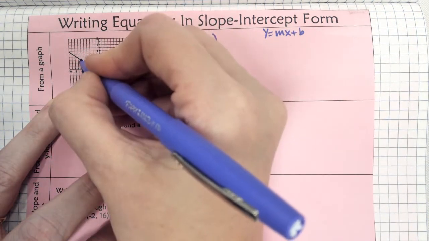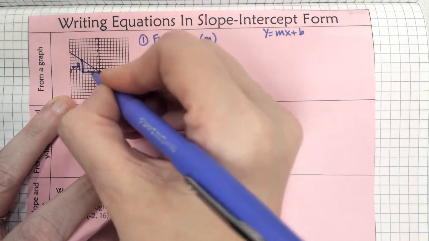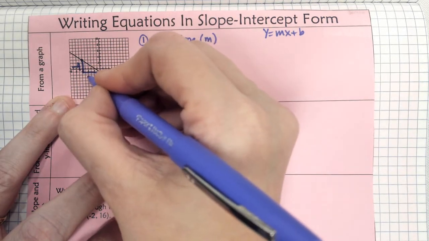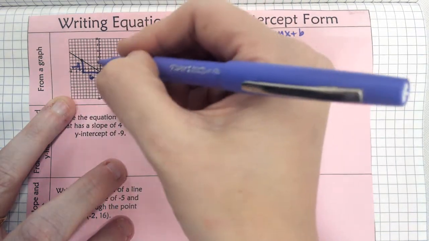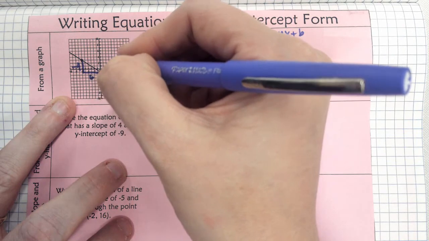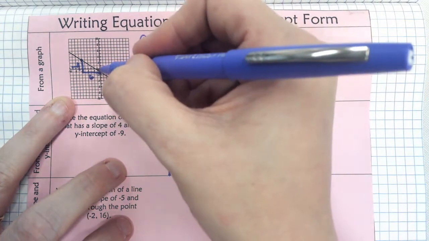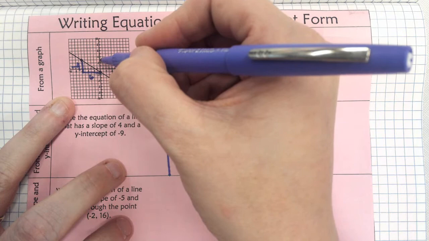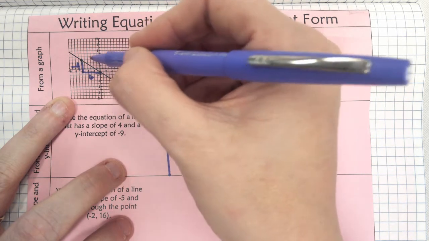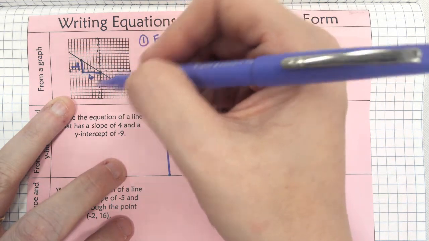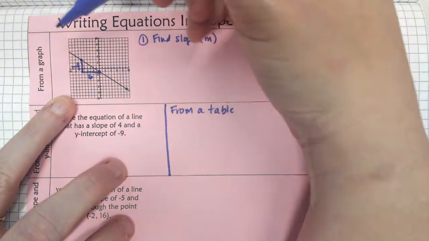It looks like I go down 4, so I'm going to write minus 4 here, and I go right 6. A lot of you try to rise up, and there's nothing wrong with that, rising up 4, but remember if you go left 6, then the run becomes negative. You've got to keep in mind that this line goes downhill.